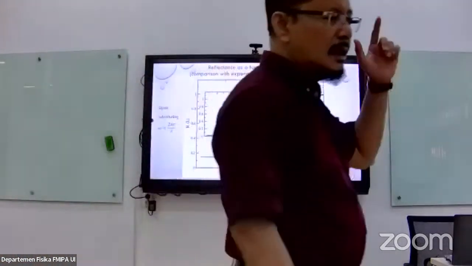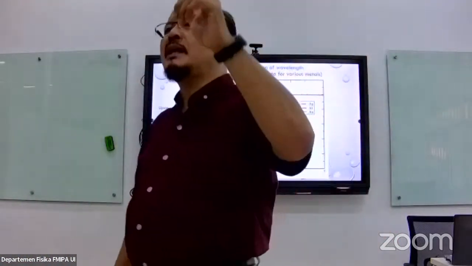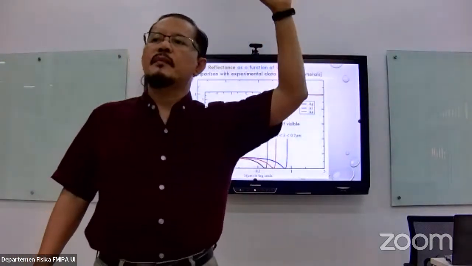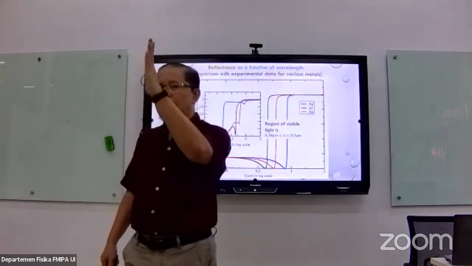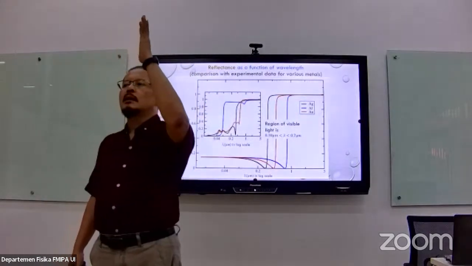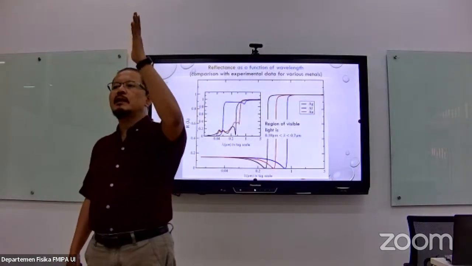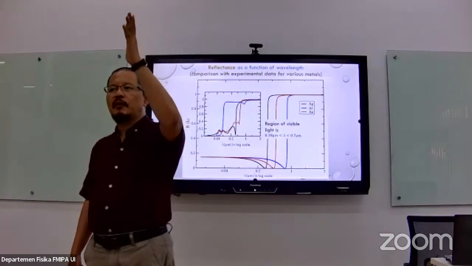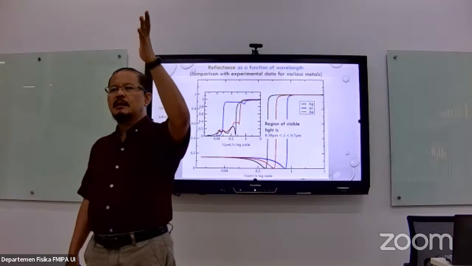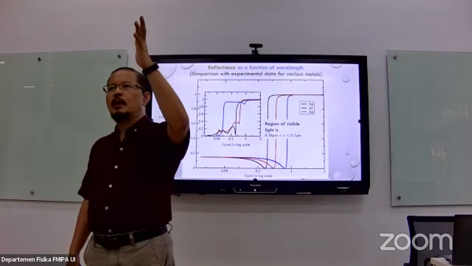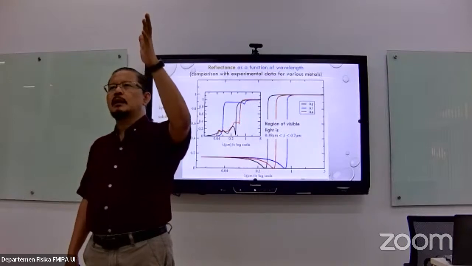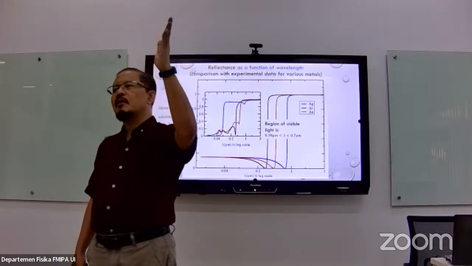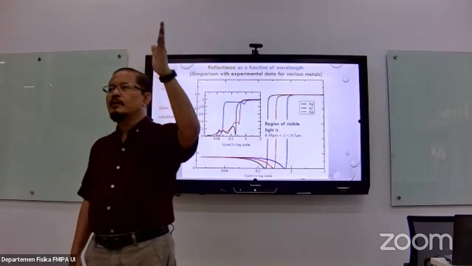And that means since omega p of the ionosphere is that low, the ionosphere can only reflect electromagnetic waves that have frequency below that cutoff frequency.